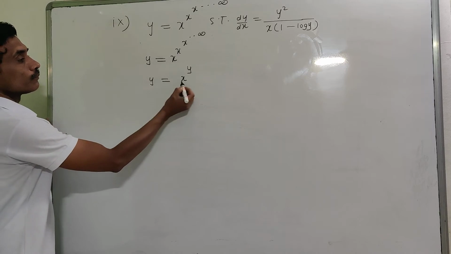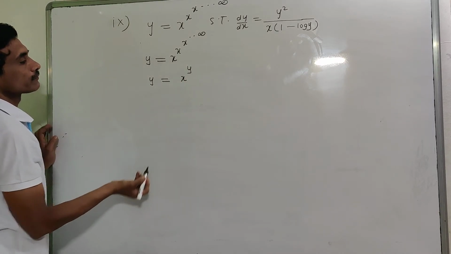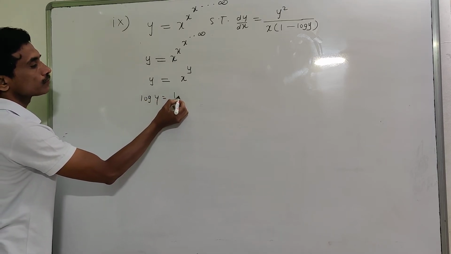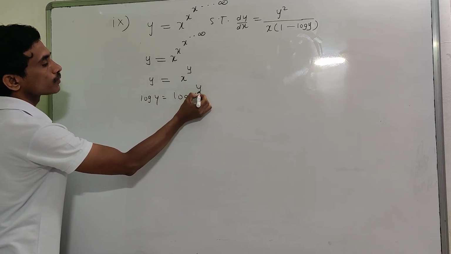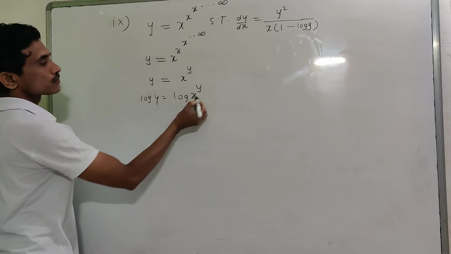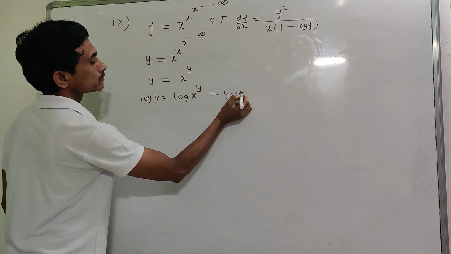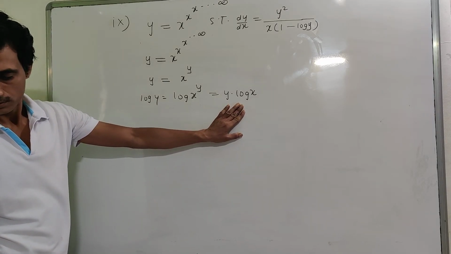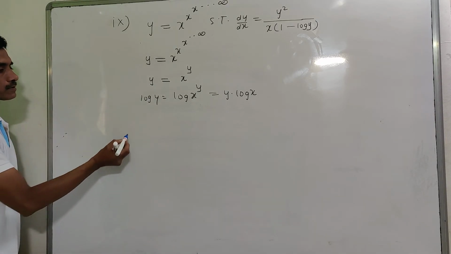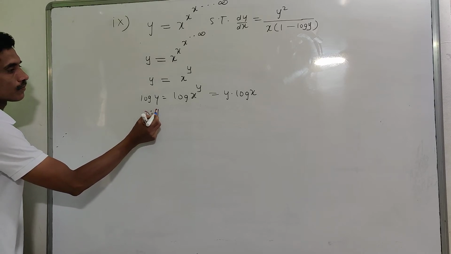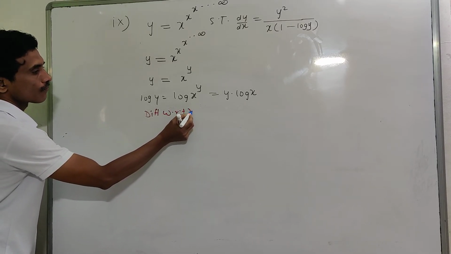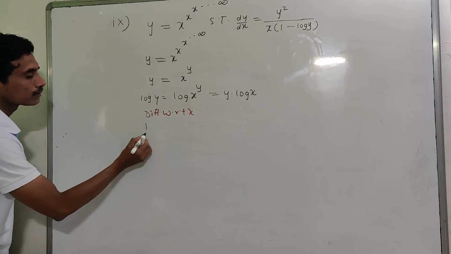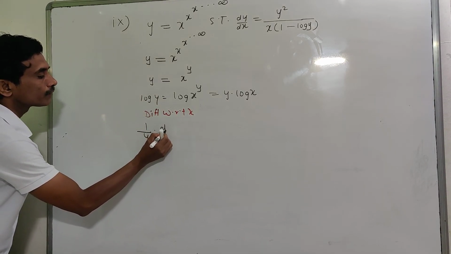Now, function raised to power function, so we differentiate by taking logarithm. Log of y is equal to log of x raised to power y, which is y into log x. The right hand side is a product. Differentiating with respect to x, the derivative of log y is 1 upon y into dy by dx.